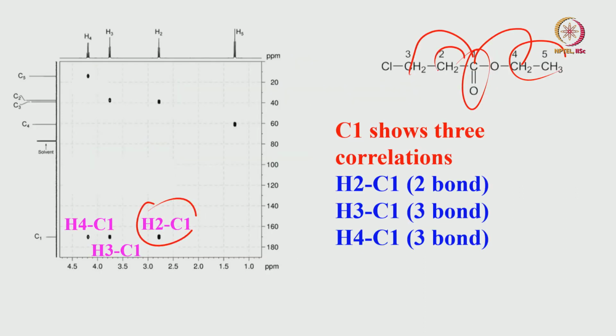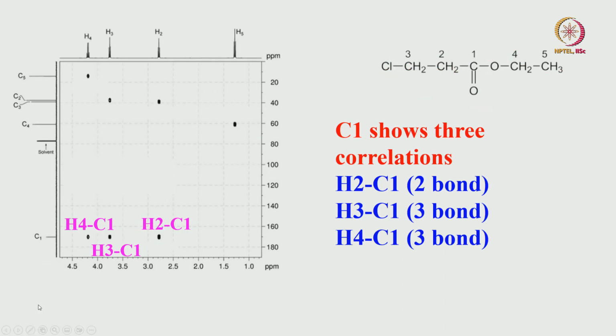This is a very interesting thing. What did we understand? We saw only 2 correlations for this, C3 to H2 and C2 to H3. Similarly, C4 to H5 and C5 to H4. These correlations we observed.